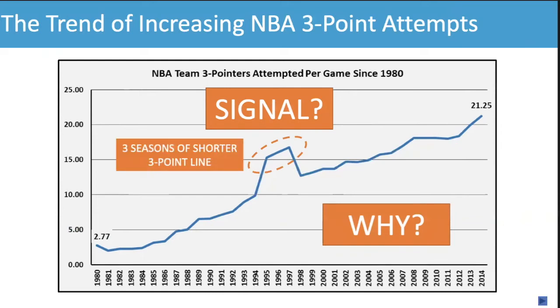That's having 3 seasons with a shorter three-point line. The three-point line was moved closer to the basket. The number of shots taken beyond the arc jumped up, and then the NBA adjusted back and moved the three-point line back. And it's interesting to see in the context of the linear increase, it jumped up, and then it jumps down.